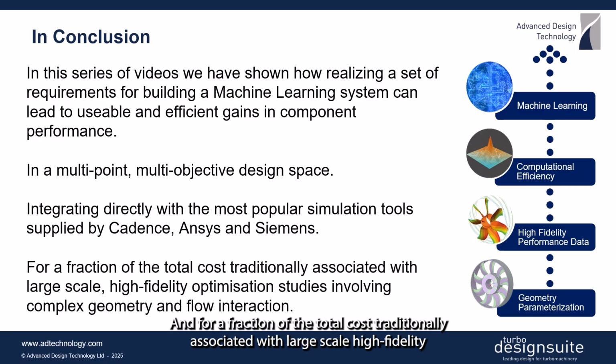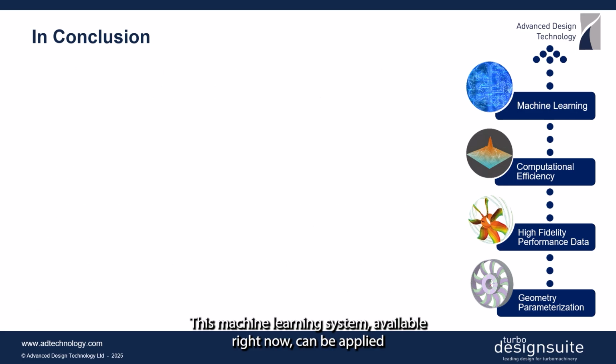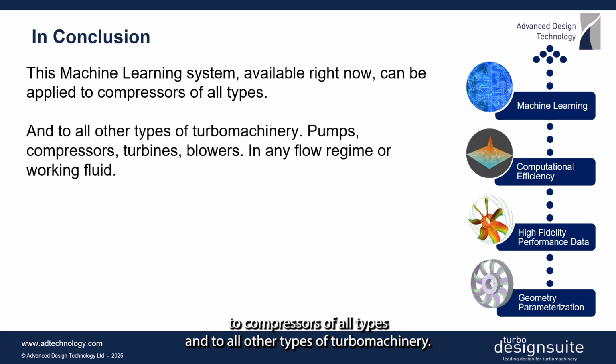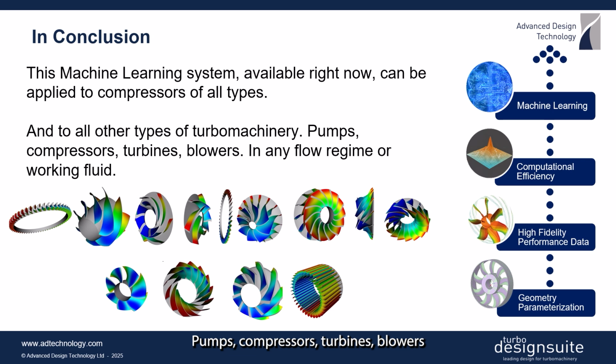And for a fraction of the total cost traditionally associated with large-scale, high-fidelity optimization studies involving complex geometry and flow interaction. This machine learning system, available right now, can be applied to compressors of all types and to all other types of turbo machinery: pumps, compressors, turbines, blowers, in any flow regime or working fluid.